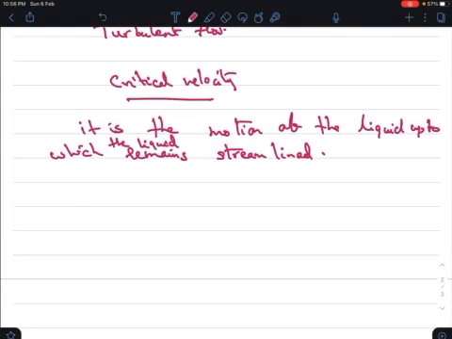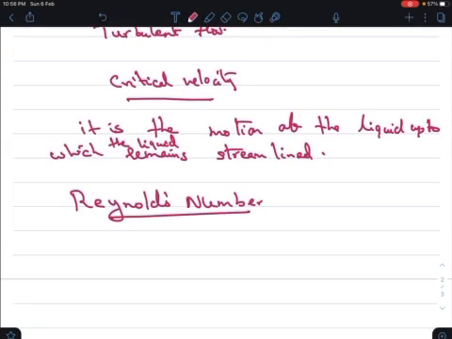Next definition is Reynolds number. It determines the nature of flow of viscous liquid through a pipe. So what does this tell us?